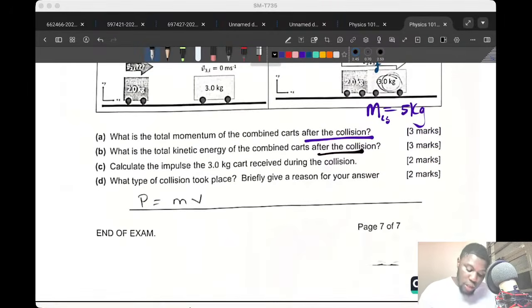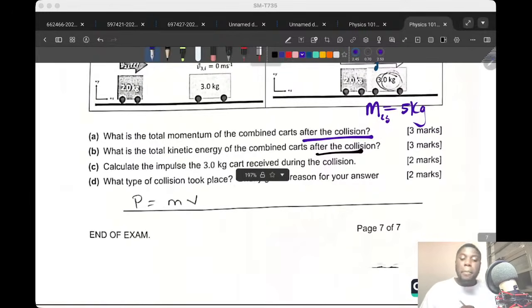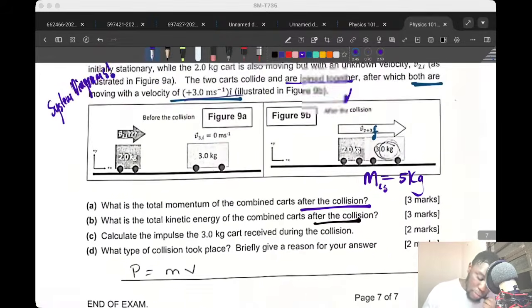Then calculate the impulse. So impulse is equal to force times time, or we say the impulse is going to be the change in momentum. That's the other word for impulse, change in momentum.